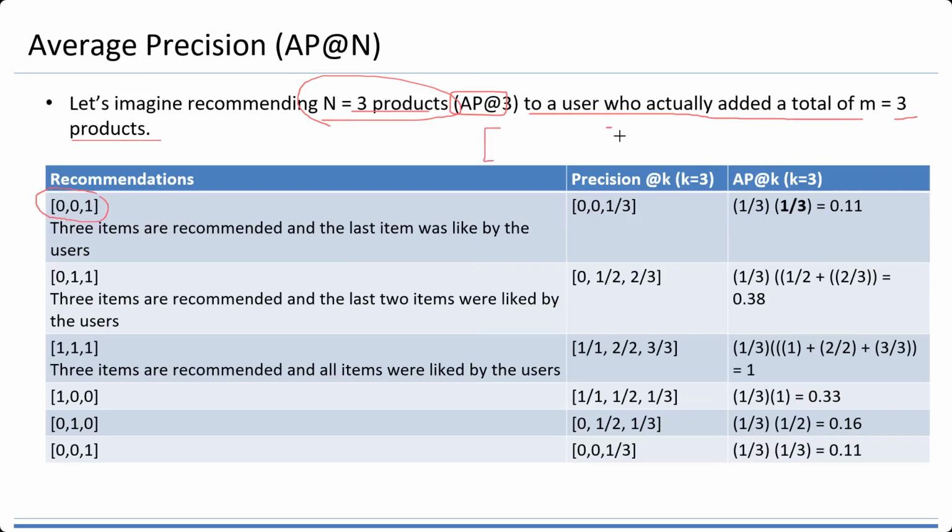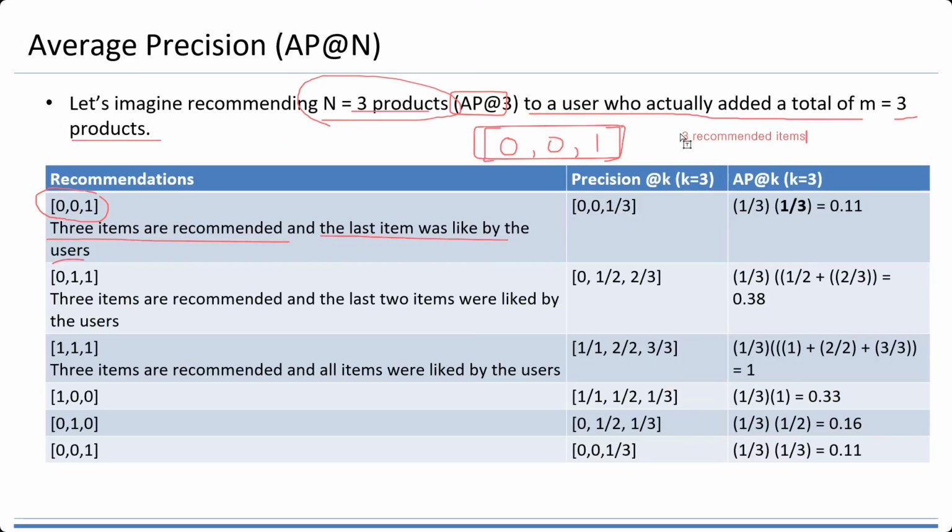This is a list. Okay. And in the list, there are 0 and 1. The list 0, 0, 1 means there are 3 items that are recommended, and the last item was liked by the user. So 3 items have been recommended.